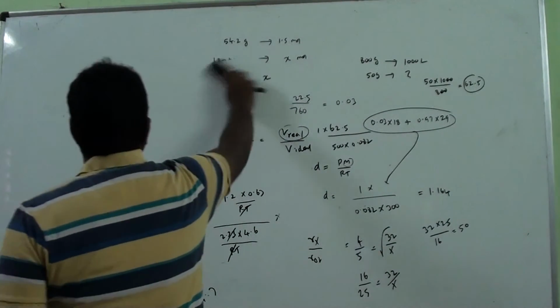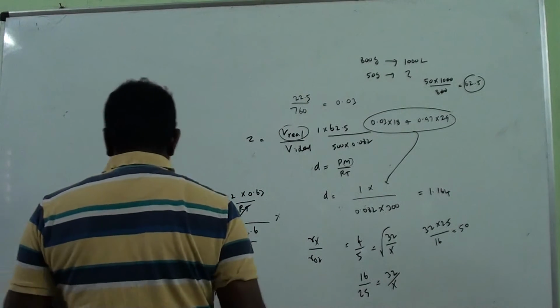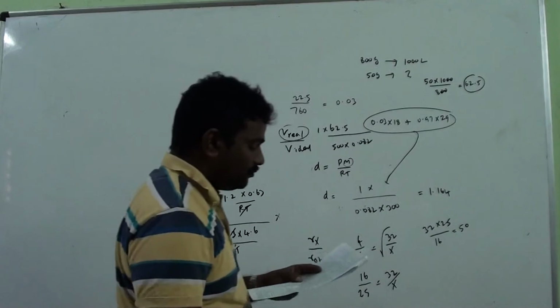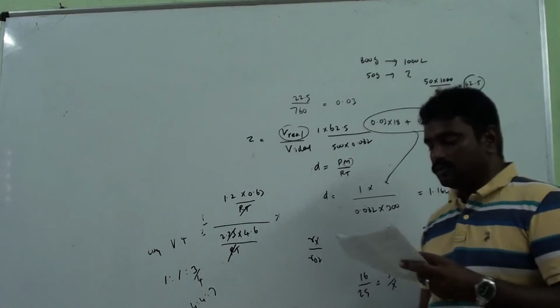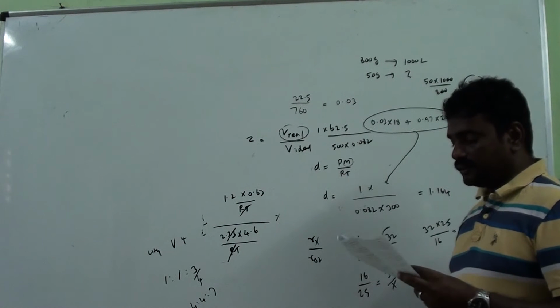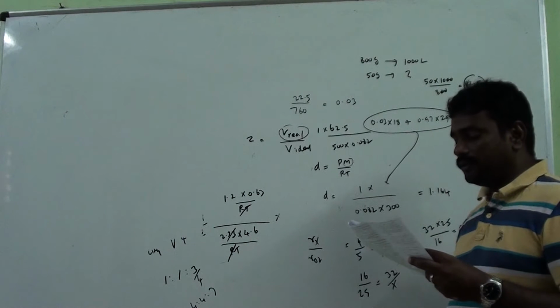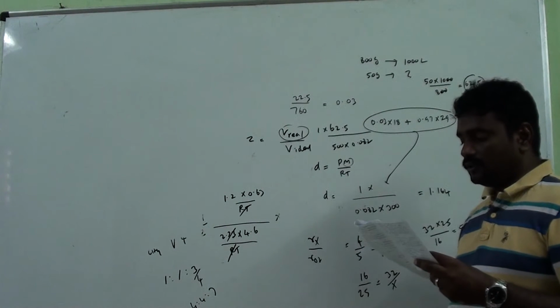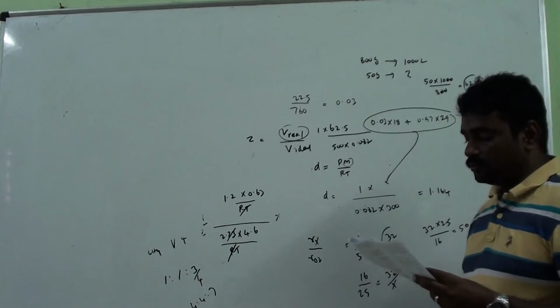It required 220 seconds to effuse, while an equal volume of oxygen took 200 seconds only under that condition. If the density of O2 is 1.6 gram per liter, then find the density of the mixture.